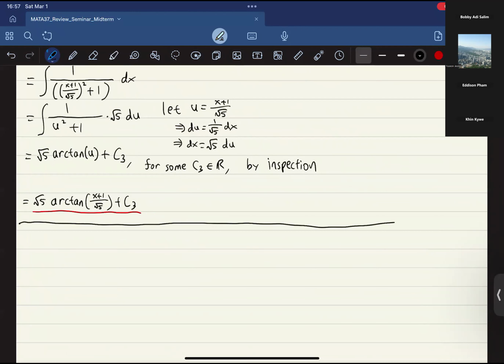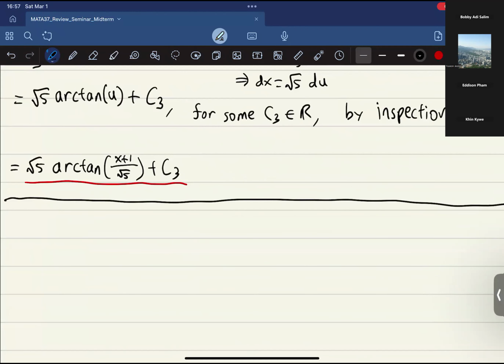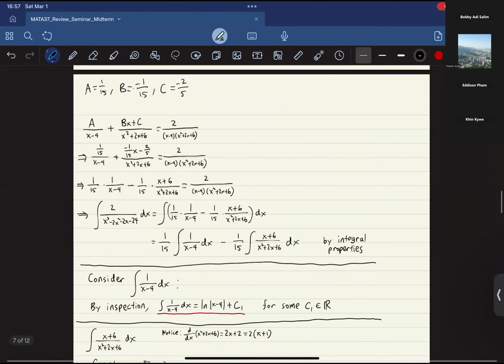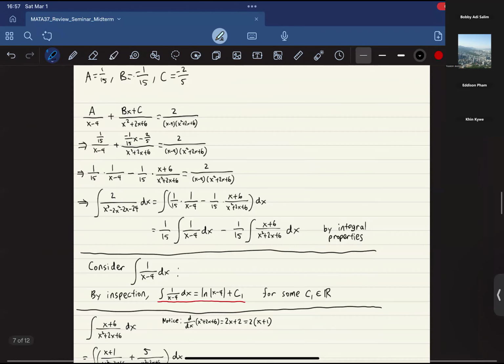If not, we can just plug the sub-integrals back in. Here we have this equation right here.